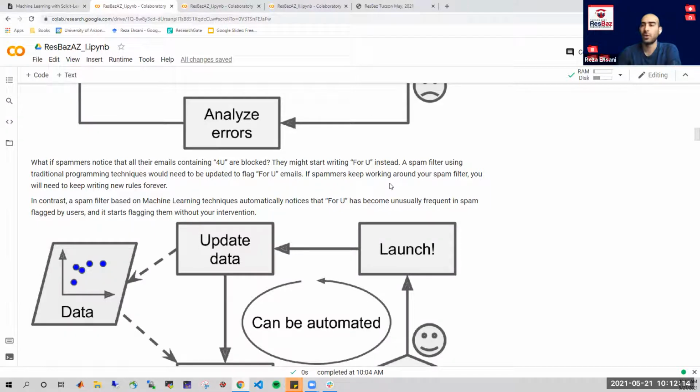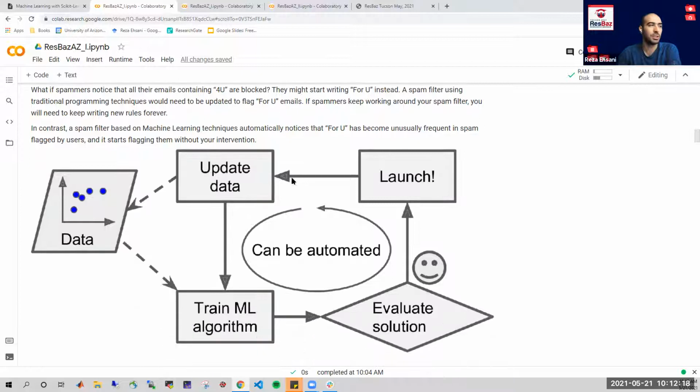If this happens, you have to hard code everything again. But when you are using machine learning, you don't have to hard code everything. Machine learning is able to automatically learn what patterns are frequent in spam emails again and try to filter them out.